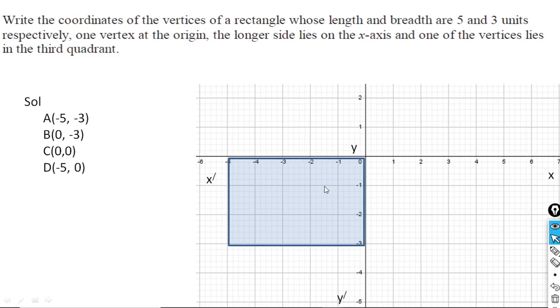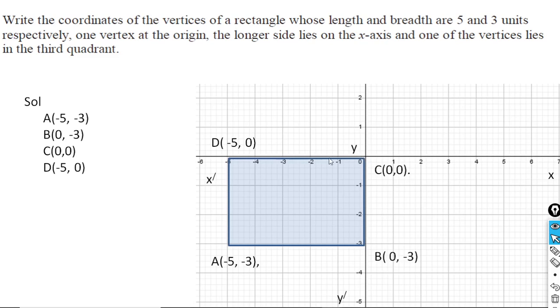This is the solution figure, and the length is 5 units and the length lies along the x-axis. You see, we start from the origin, and we complete a rectangle of 5 units length and 3 units breadth. We get this type of rectangle where the point A represents (-5, -3), point B is (0, -3), point C will be the origin (0, 0), and point D is (-5, 0).